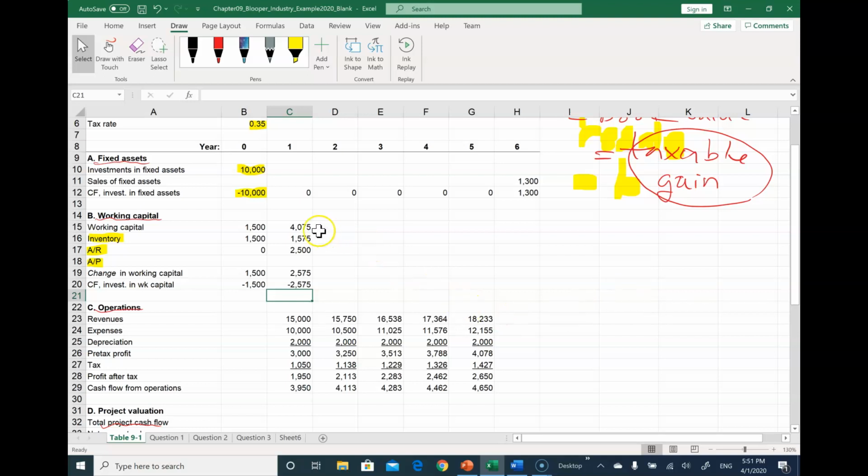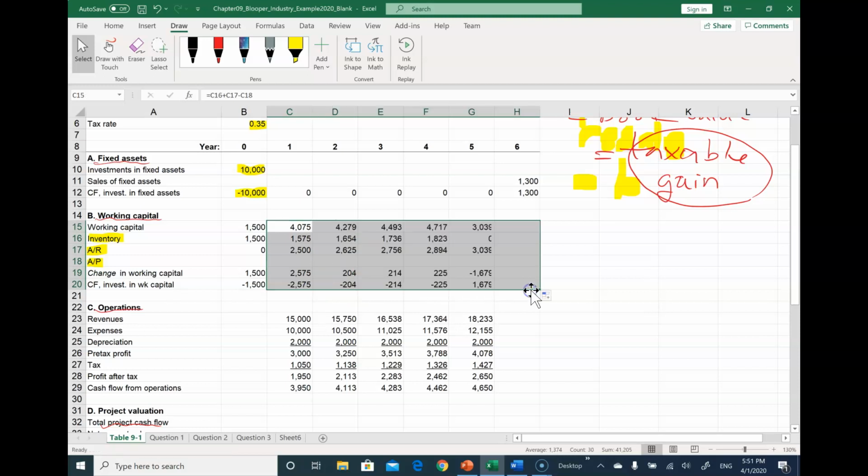So once we calculated the working capital in year 1, the change in the working capital, and the cash flow from the investment in the working capital in year 1, we can highlight all this and drag it till year 6, right? The reason why I include year 6 is because there was an account receivable.